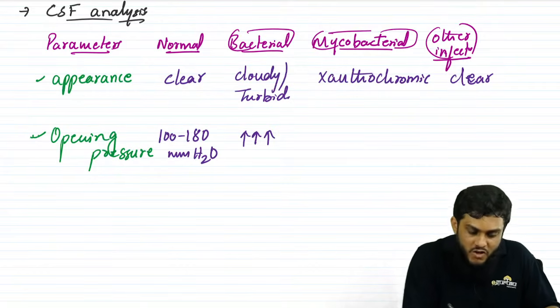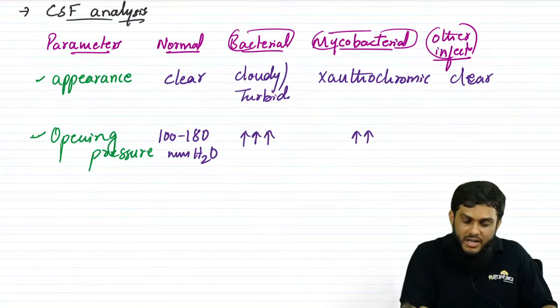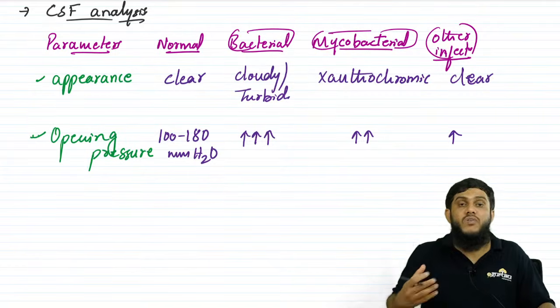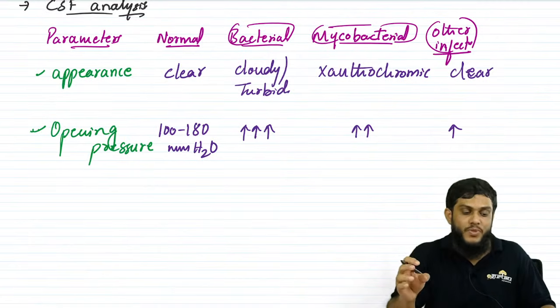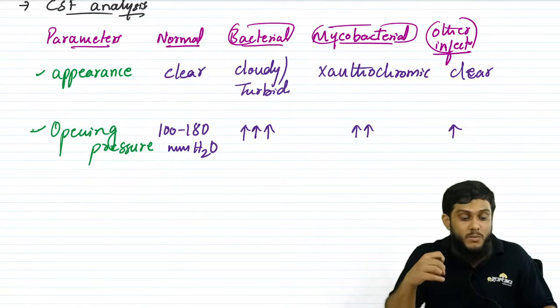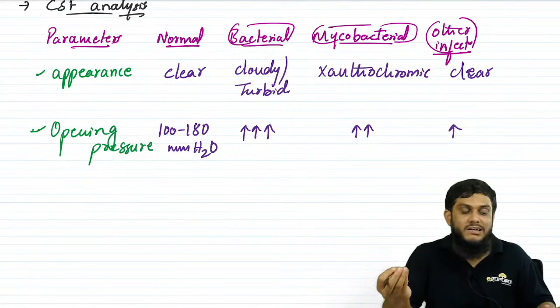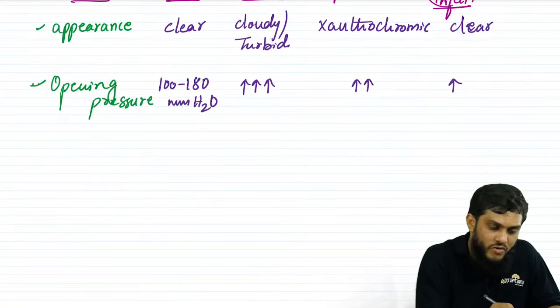In mycobacterial infection, it is moderately increased. In other infections like viral, fungal, or parasitic, the pressure is slightly increased. So this is the opening pressure of CSF in various types of infections.